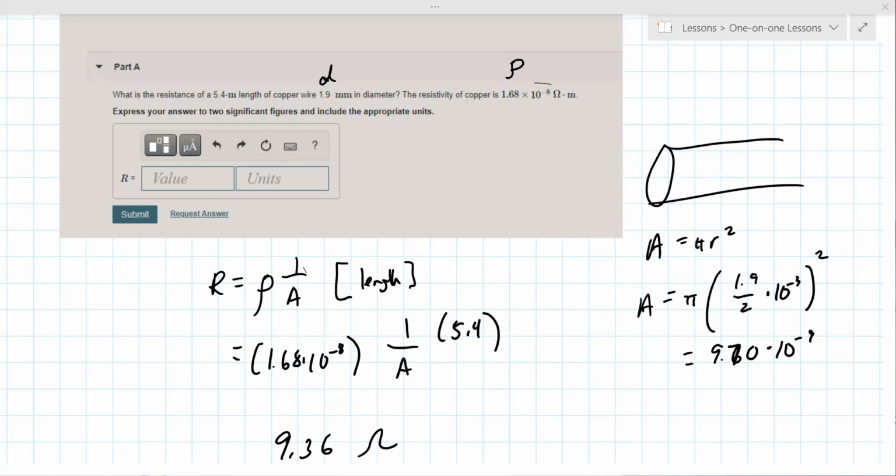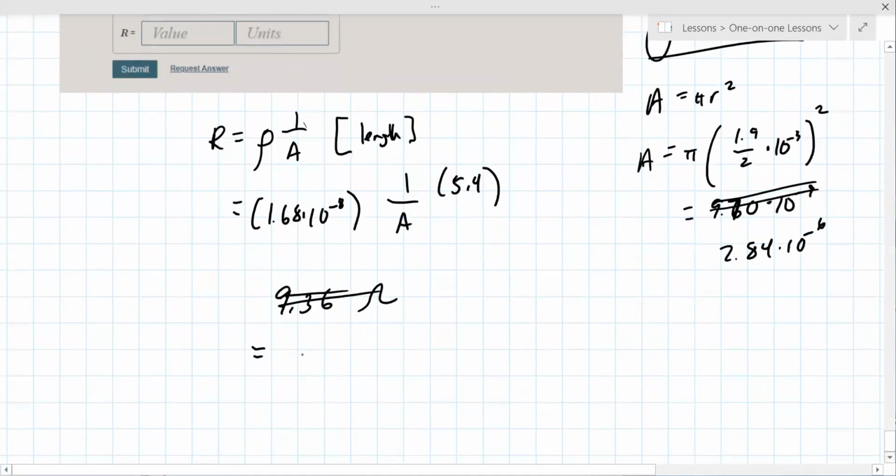So this number is actually closer to 2.84 times 10 to the minus 6. And then I'll redo the calculation here. Okay, that's a more reasonable value. So you end up getting 3.2 times 10 to the minus 2 ohms. And that should do it for that one.